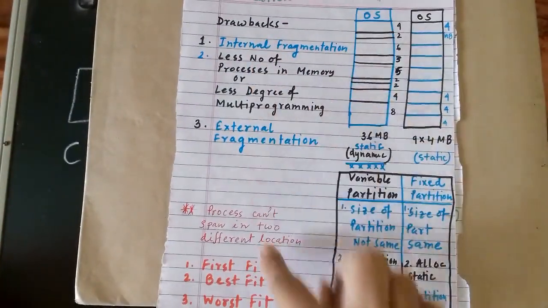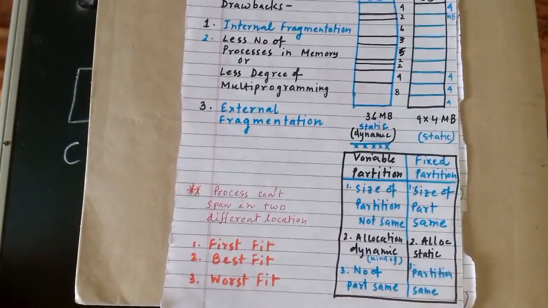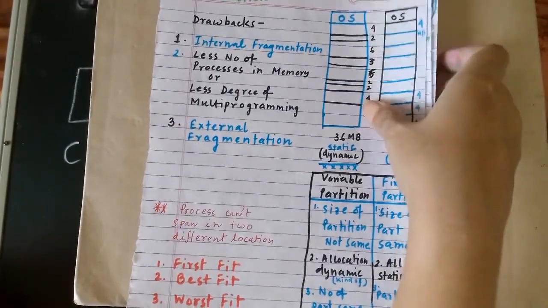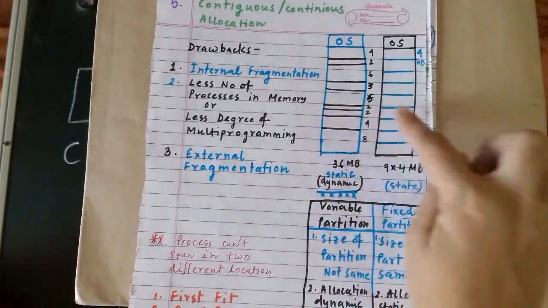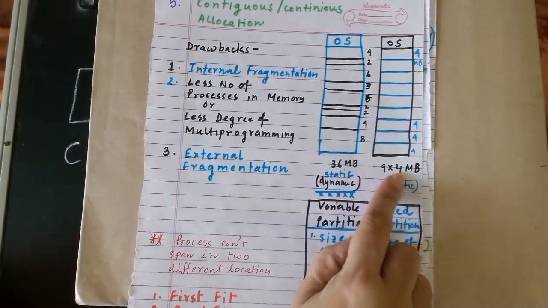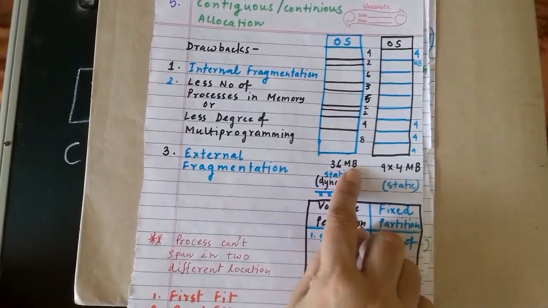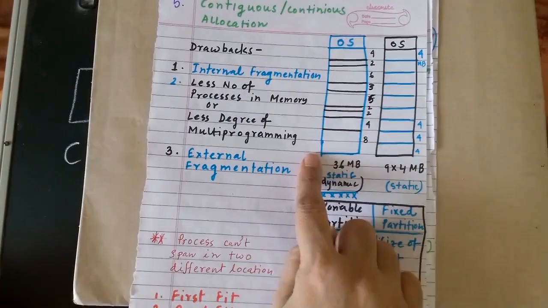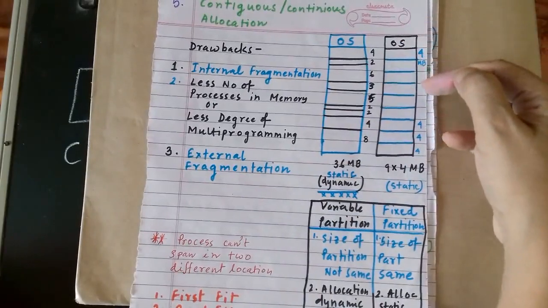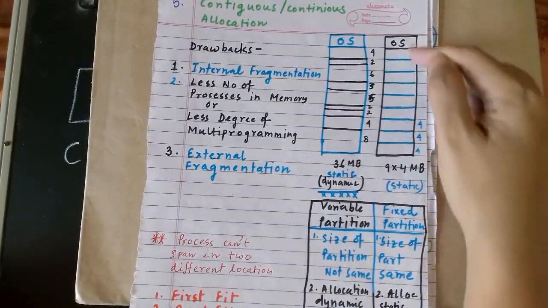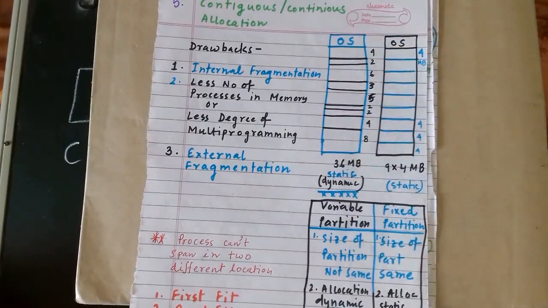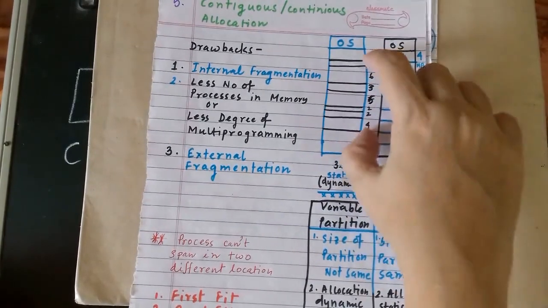I have noted down some points which I will go through after I explain. Here we have taken two memories, both of the same size. How much is the size? 9 into 4 is 36. Here also it is 36. But how is it divided? Here it is divided equally, each of 4 MB, so 9 partitions, 36 MB. But here each partition size is not the same.